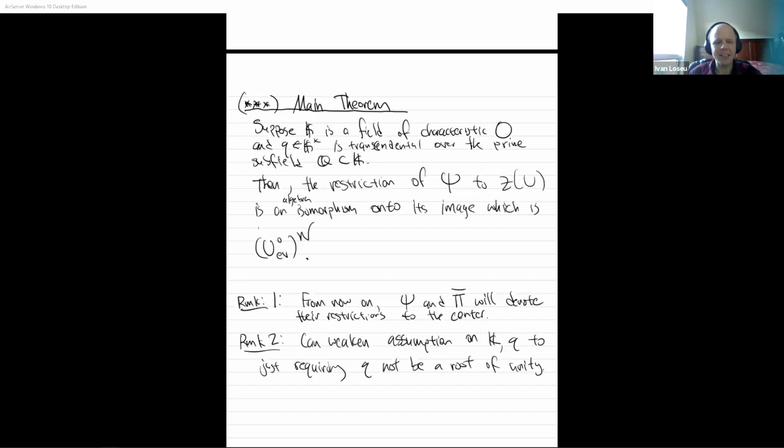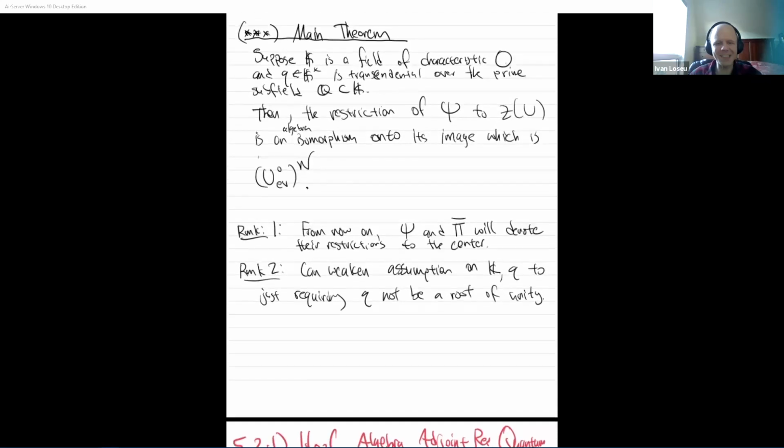And the Harish-Chandra center is still going to be isomorphic to this W invariance. However, the entire center will be larger. And that situation is very much reminiscent of what's going on in positive characteristic with the classical universal enveloping algebra. Does anybody have questions or comments? All right, yeah.